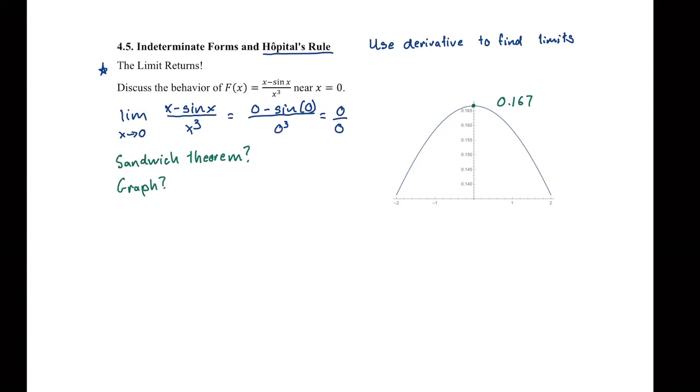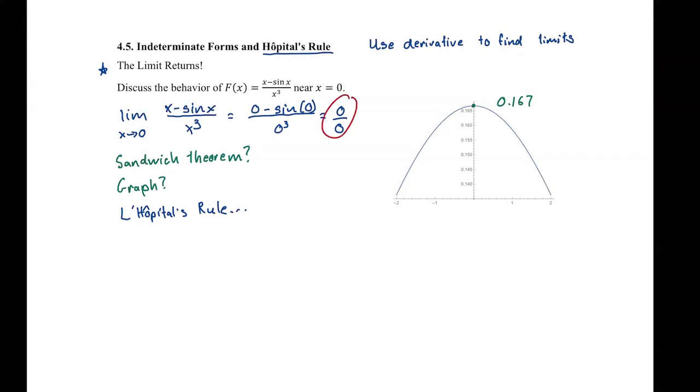One other technique that we're going to introduce right now is, as stated above, L'Hôpital's rule, or just l'Hôpital, a French mathematician. I'm going to illustrate the rule, and there's one thing I need to check.